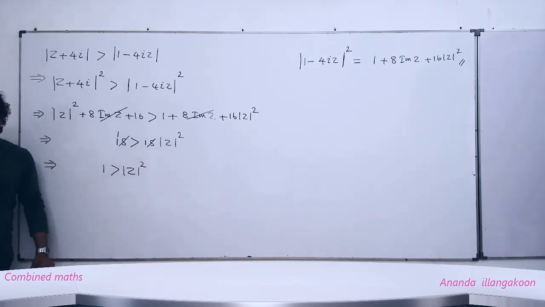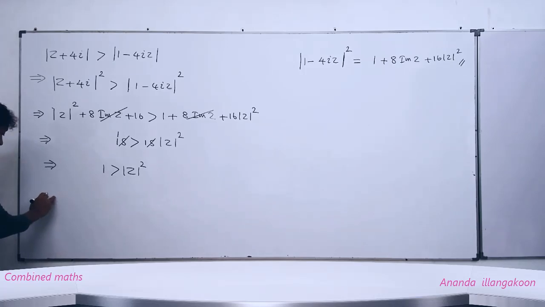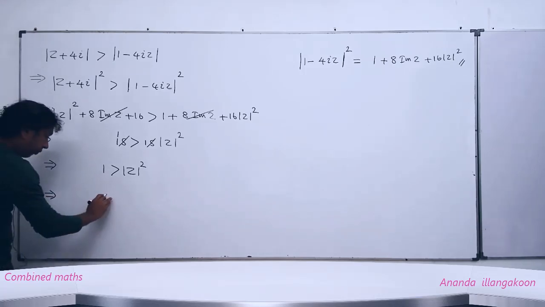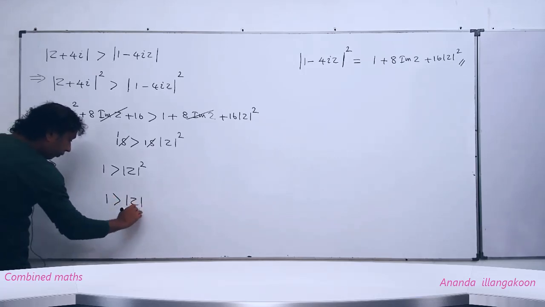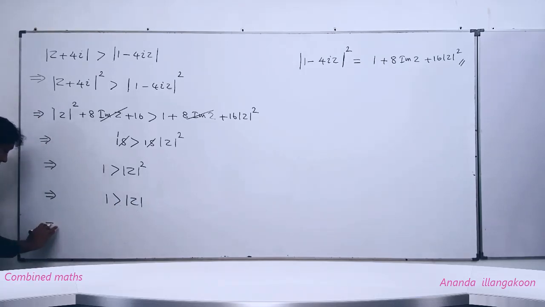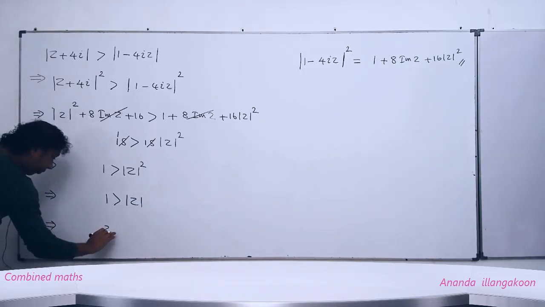Then take the positive square root on both sides. Then we get 1 greater than mod z. That says, people, the required answer: mod z less than 1.